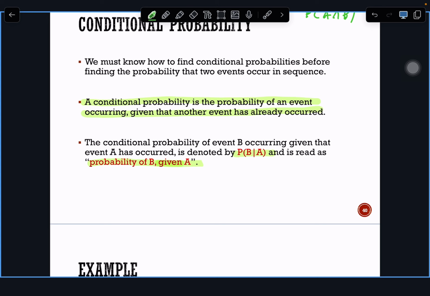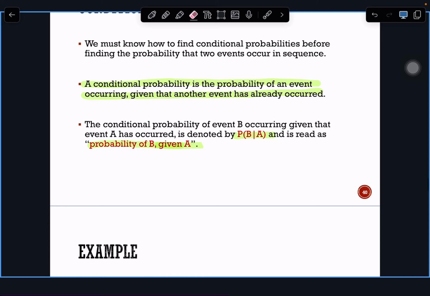So first, you know this one is conditional probability, P(B|A), and the formula is this one. P(B|A) equals P(B intersect A) divided by P(A).